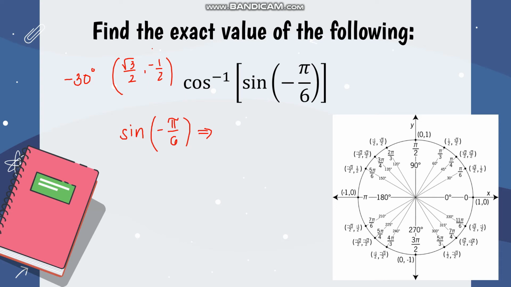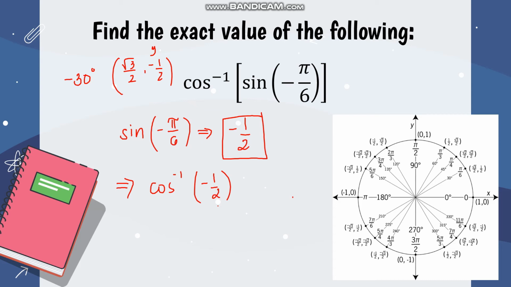So the y coordinate here is negative 1/2, therefore, the value of this is negative 1/2. Now that you already have the value, let's substitute. So we now have arc cosine of negative 1/2. Now we have to think of an angle that will give us a cosine of negative 1/2.